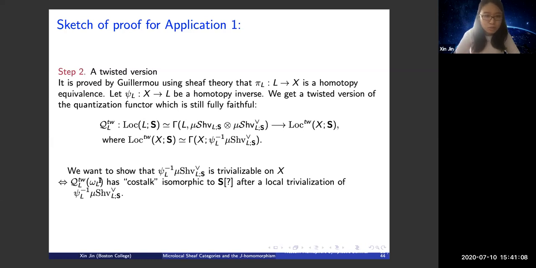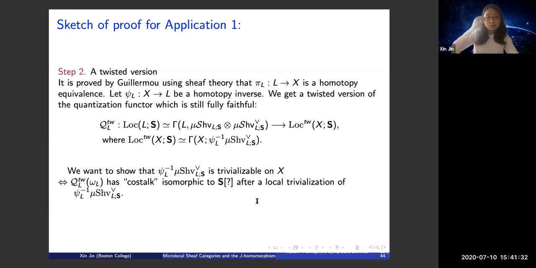So anyway, you just take the monoidal unit of your local system, then it should have a co-stalk, or stalk if you prefer, isomorphic to an invertible S module after you choose some local trivialization of this local system of categories.